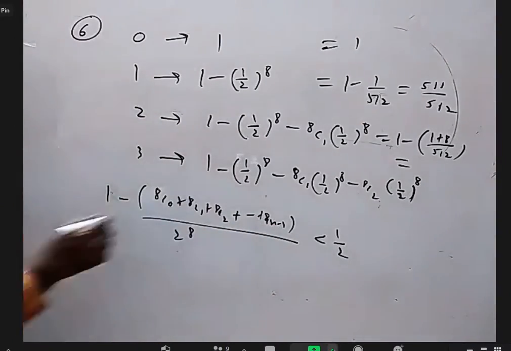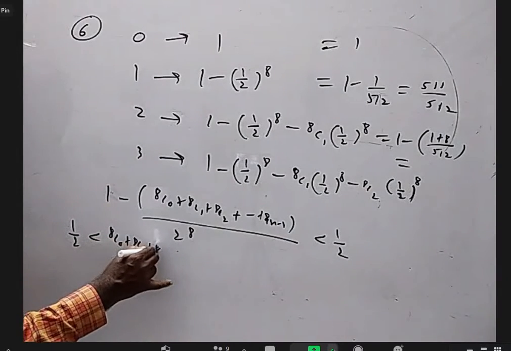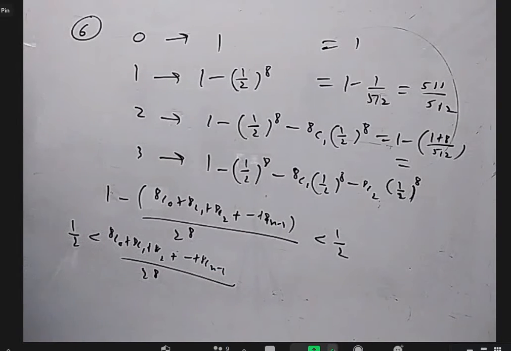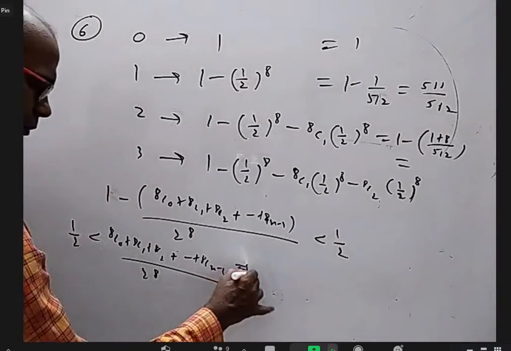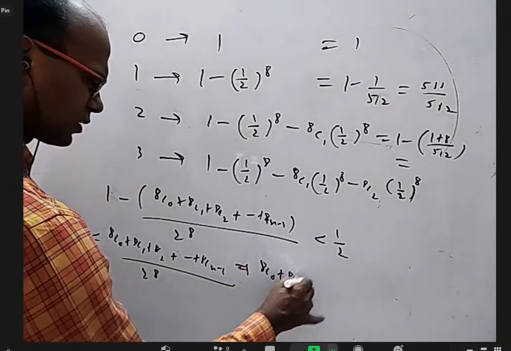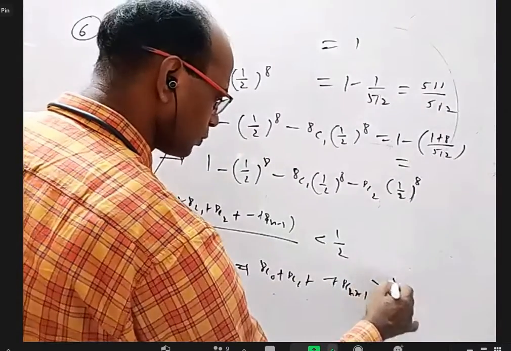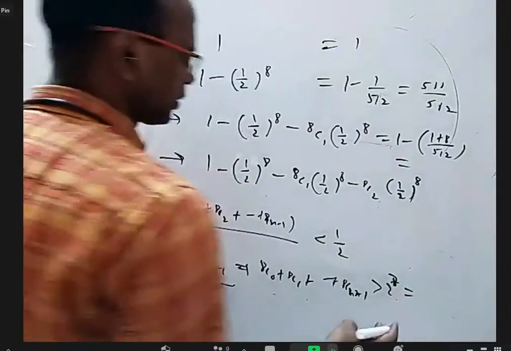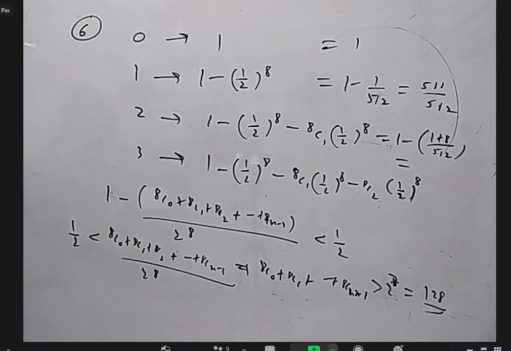Bringing 1 by 2 to the other side, 1 by 2 is less than (8c0 plus 8c1 and so on up to 8c(n minus 1)) times (1 by 2) power 8. Bringing this across, 8c0 plus 8c1 and so on up to 8c(n minus 1) should cross 2 power 7. 2 power 7 is 32, 64, 128.